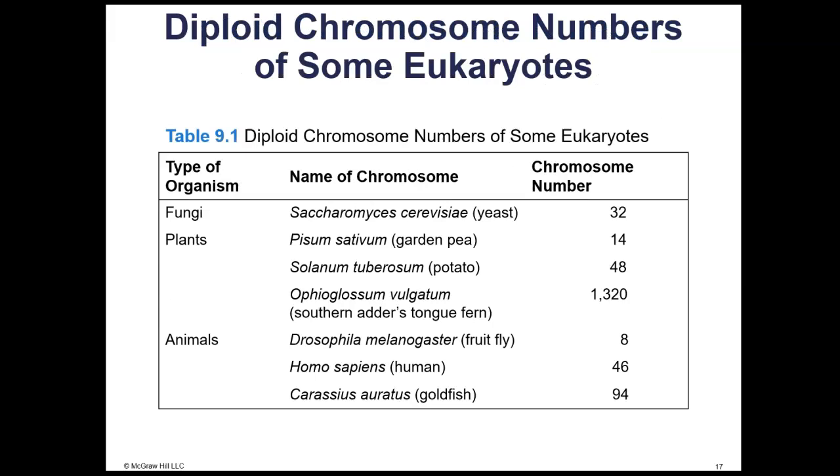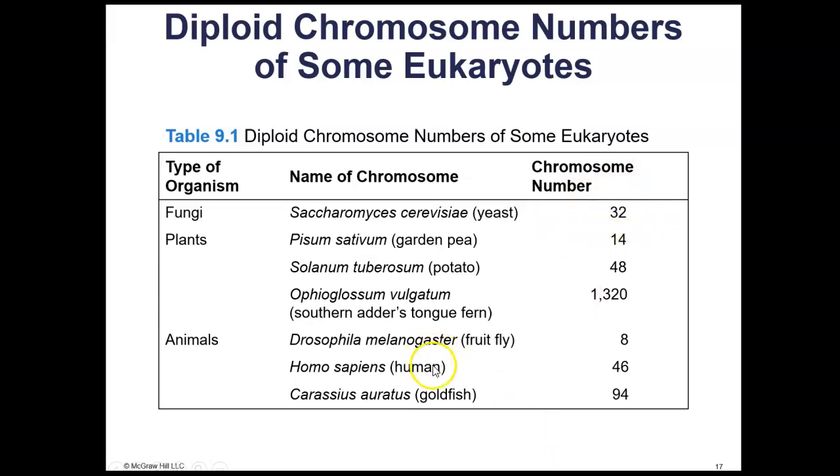This is a table on slide 17 that lists some common organisms, their scientific name and common name, and the number of chromosomes in one cell of that organism. So we've got Saccharomyces cerevisiae, or yeast, like that's used to make bread and beer, which has 32 chromosomes per cell.